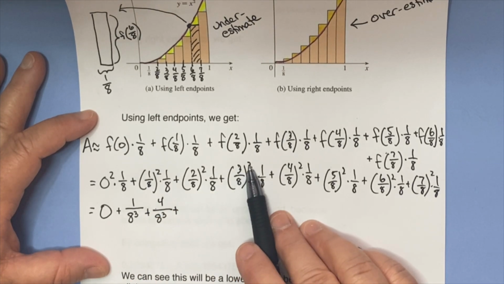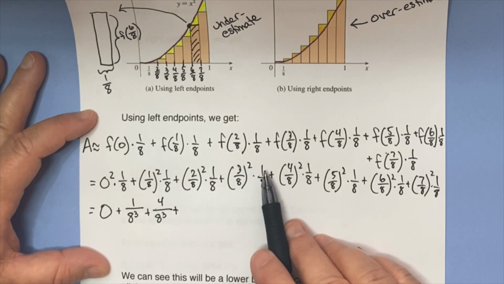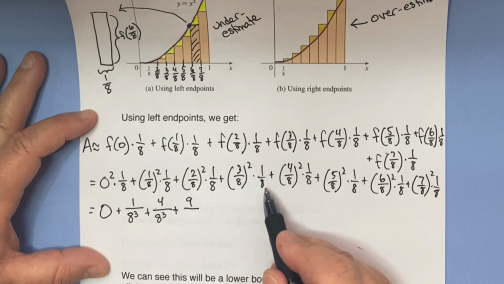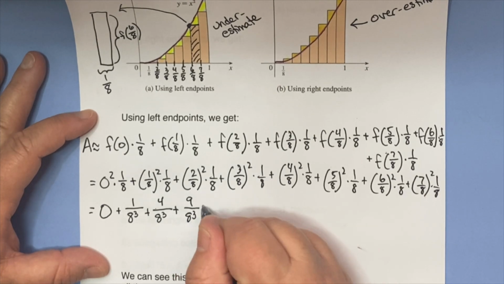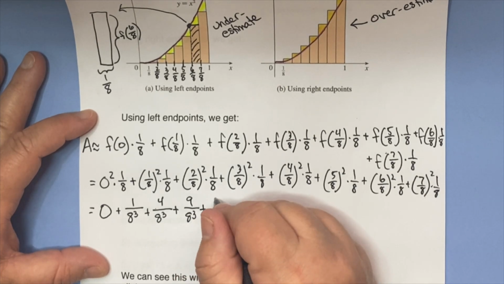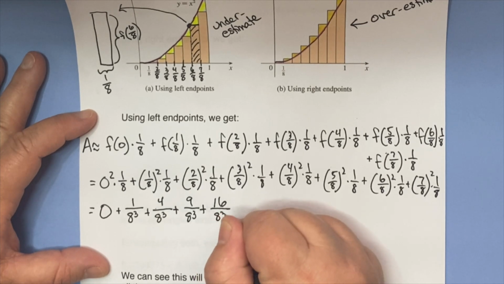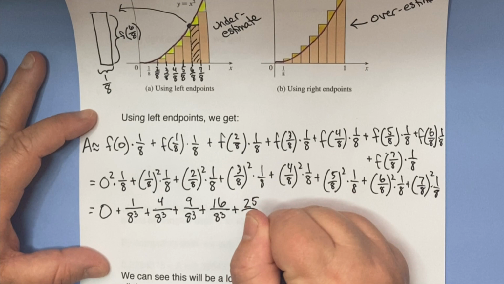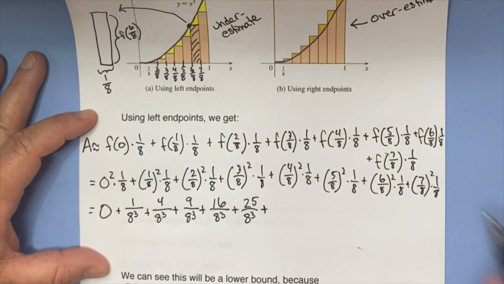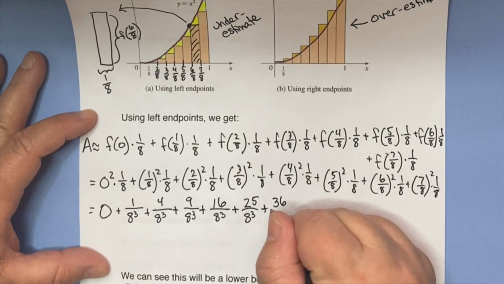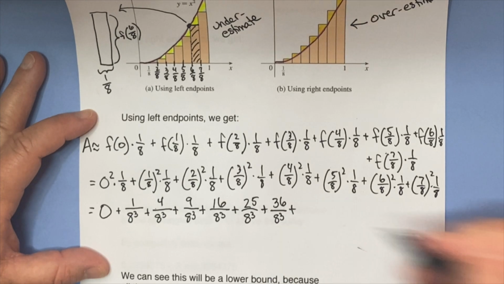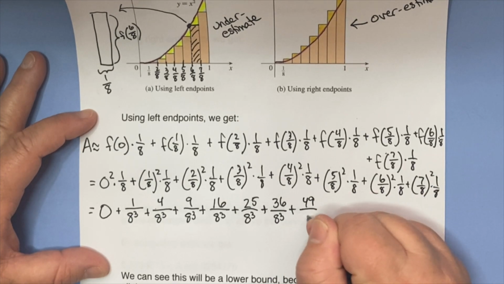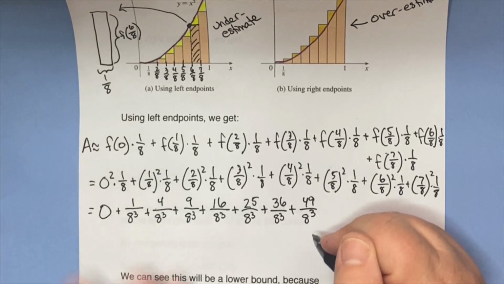This is going to be 3 squared times 1, so that's 9, all over 8 times 8 times 8, 8 cubed. And in the same way, we'll get 16 over 8 cubed. We will get 25 over 8 cubed. We will get 36 over 8 cubed. We will get 49 all over 8 cubed.